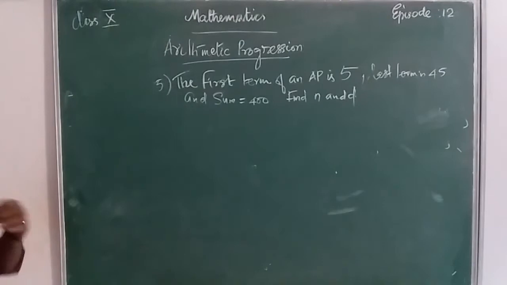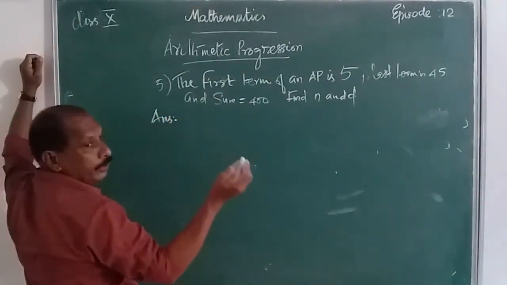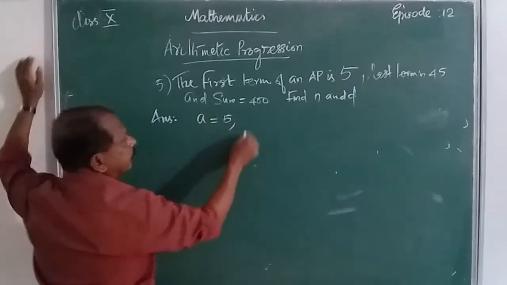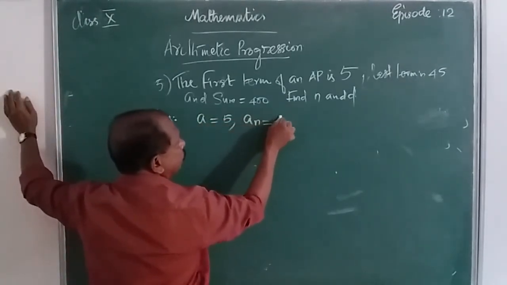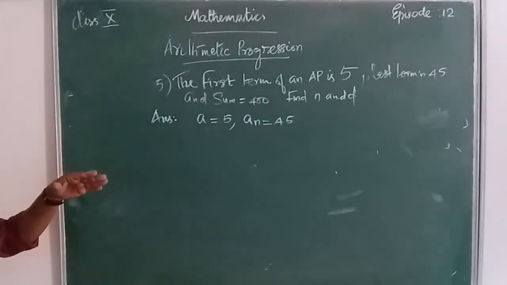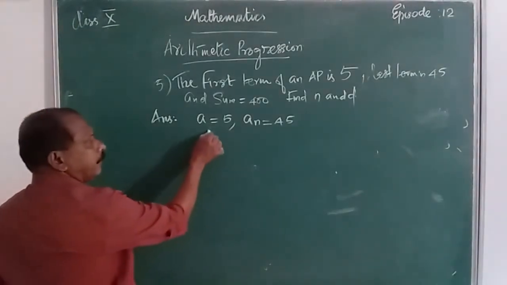This one, what is the answer? First term is 5, that is a is equal to 5. Last term l is equal to 45. Then d is not given, we can find out d. Sum is given, that is the same type of question.